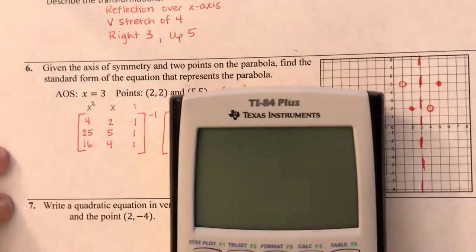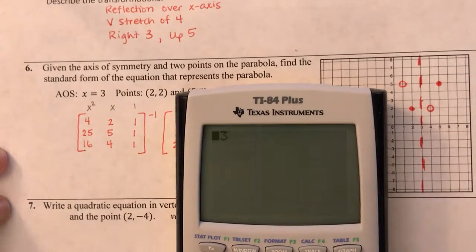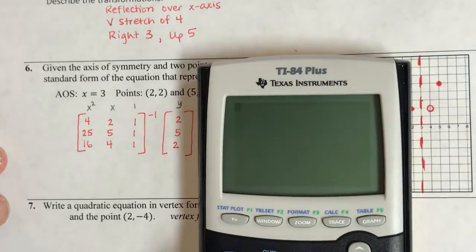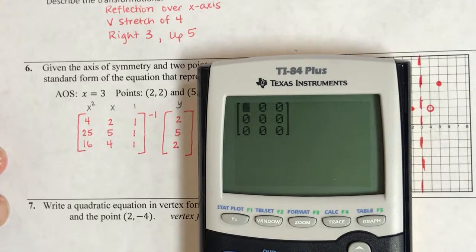Now we're going to use the calculator to run the matrix. So that is under alpha zoom. We need a 3 by 3. And the inverse button.